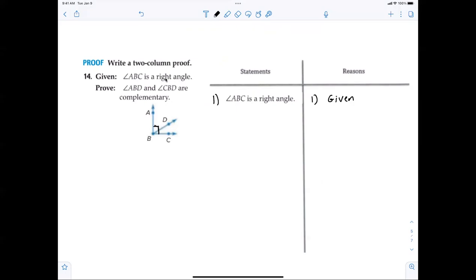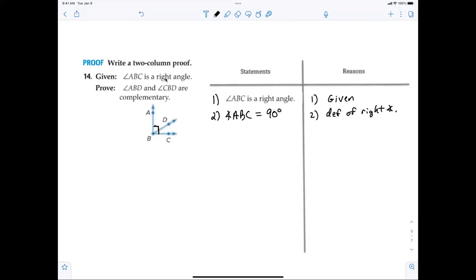If ABC is a right angle, what's true about angle ABC? It's equal to 90 degrees. So I want everybody to write down step number 2. Angle ABC equals 90 degrees. And we know that's 90 degrees because that's the definition of a what? Right angle. If it's a right angle, it equals 90 degrees. That's the definition.